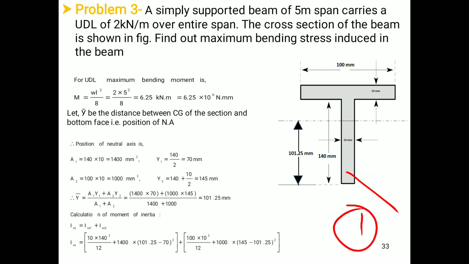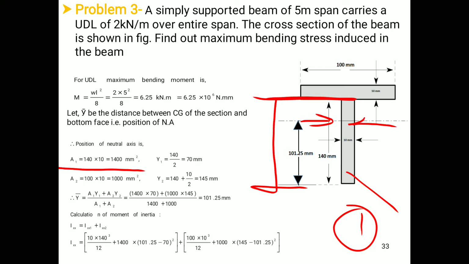For section 1 we have area equal to 140 into 10, because the total depth from this to this is 140 mm, and the thickness is 10 mm. Once we have the depth and thickness, we can easily find out the area, and it is given by 140 into 10, that is 1400 mm square.